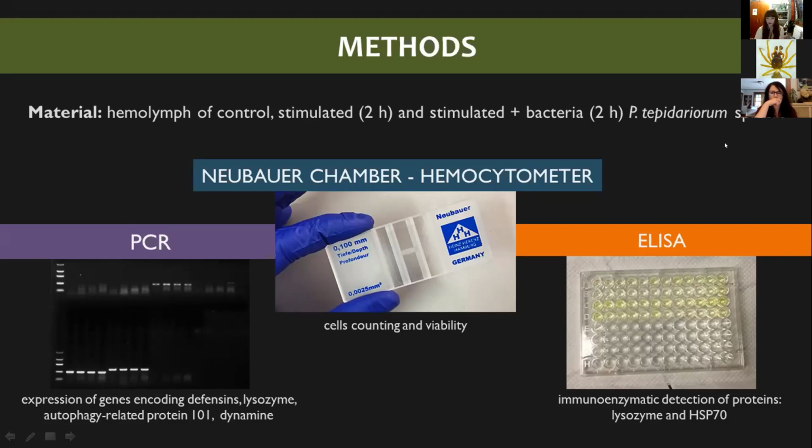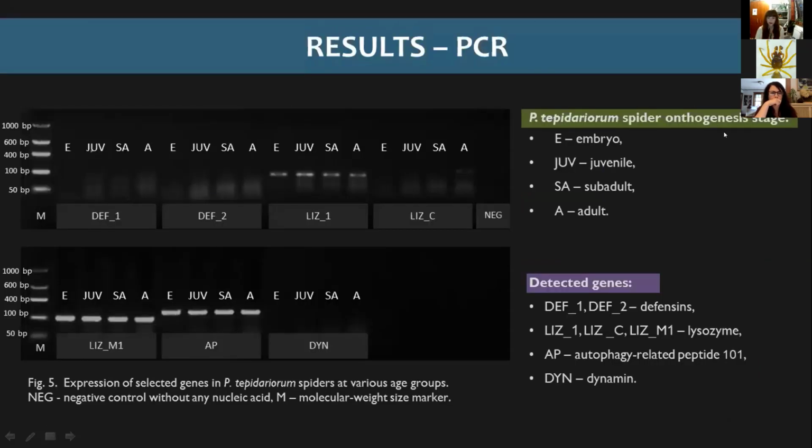Next slide. Okay, results of PCR. As we can see, we detect lysozyme 1, lysozyme M1, and autophagy-related peptide in all age groups of Parasteatoda tepidariorum.